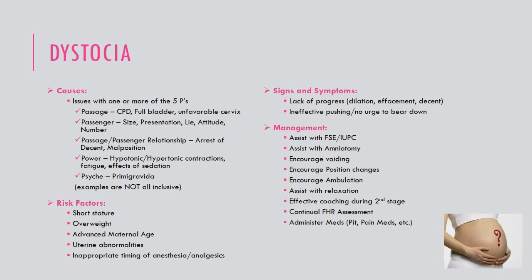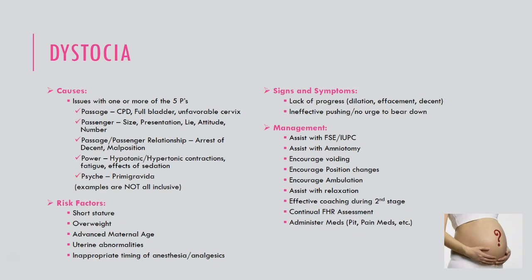Dystocia is a dysfunctional labor. It is difficult or abnormal labor that occurs because of a problem with one of the critical factors of labor. So one of the 5 P's is out of whack and is causing a problem with the labor process. It can be caused by a number of different issues related to any one of the 5 P's.